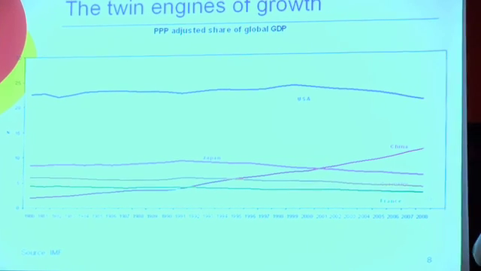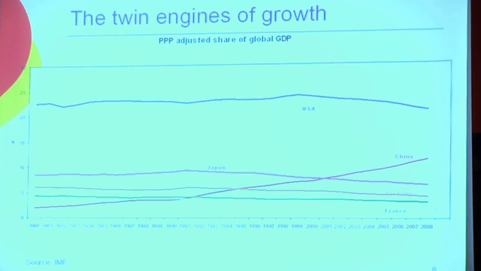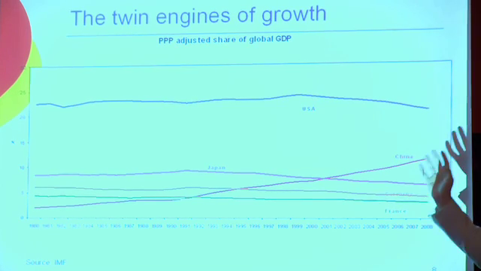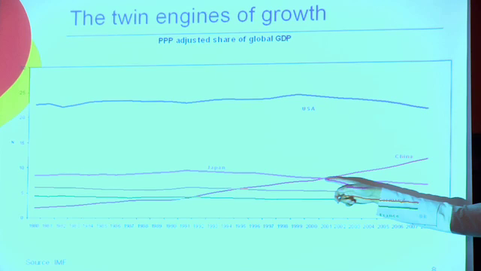This one, I think, shows you what's happened probably even more clearly. And this is share of global GDP. And as you can see from this, the United States still accounts for about 20% of world GDP. It is still by far the richest economy in the world.